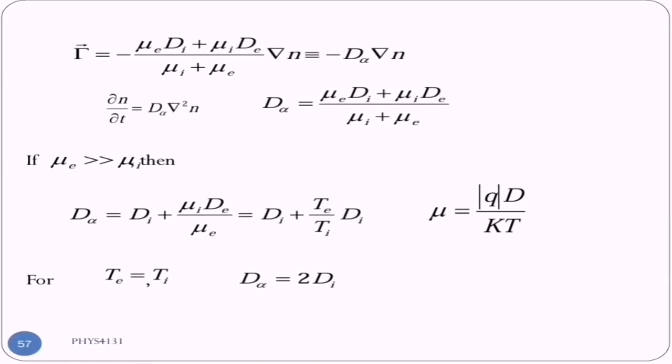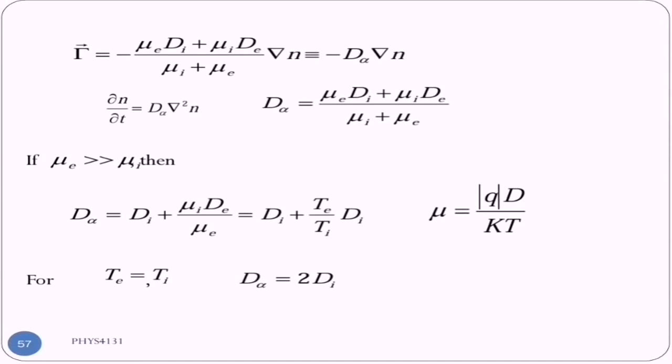The common flux gamma is then given by gamma is equal to minus mu E di plus mu I de over mu I plus mu E del n, which is equivalent to minus d alpha del n.